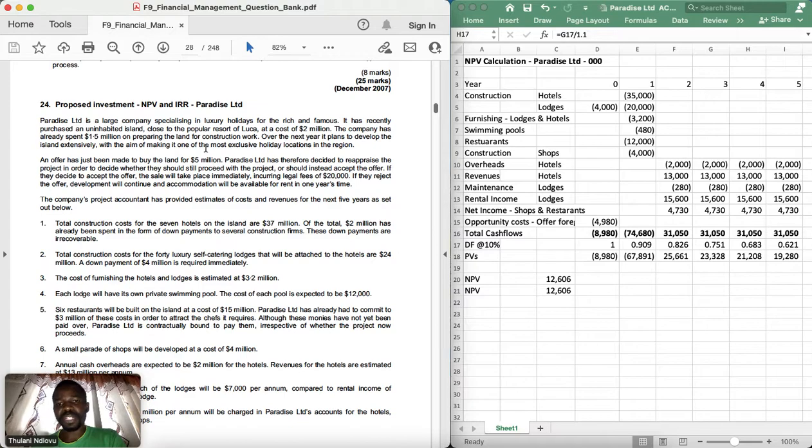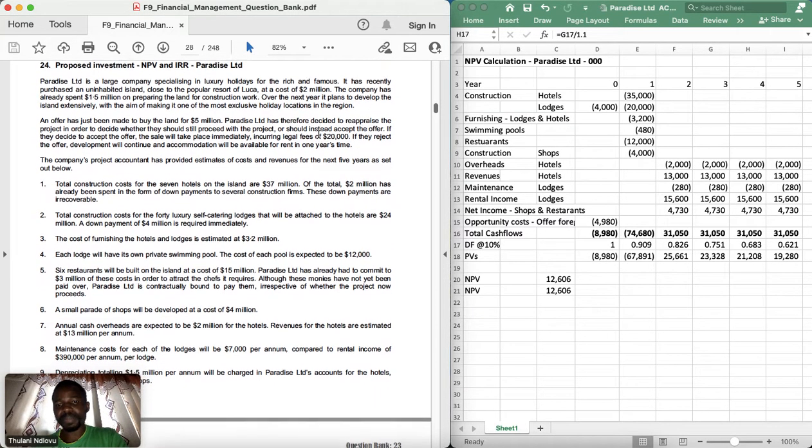And again, we have already said the cost of purchasing the land, this 2 million, is already a sunk cost because we have already purchased the land. So it's irrelevant for decision making, because whether we offer the land or we develop the land, this 2 million is already incurred. And the same applies with this 5 million for the preparation that has already been spent. Whether we offer the land or we develop the land, we have already incurred that one.